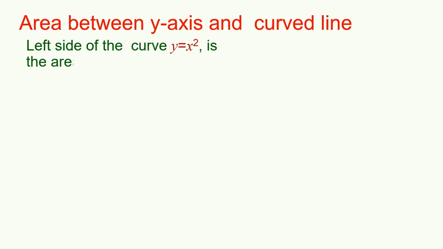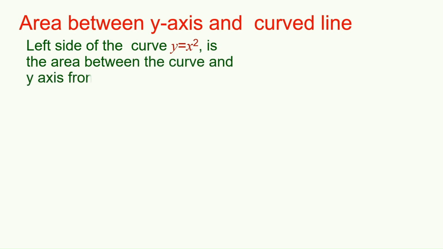Area between y-axis and the curved line, left side of the curve y equals x squared, is the area between the curve and y-axis from y equals 1 to 9. See graph.